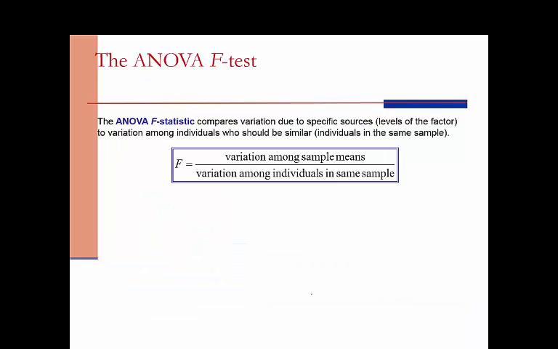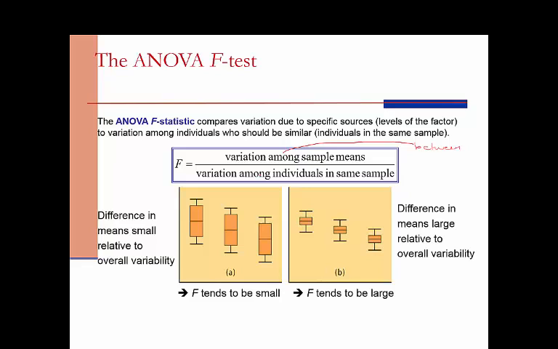So what is F really measuring? It measures the variation between sample means. If you want to change some of these words, think of this as between: it compares the sample means between the groups, and the denominator is the variation within each sample.